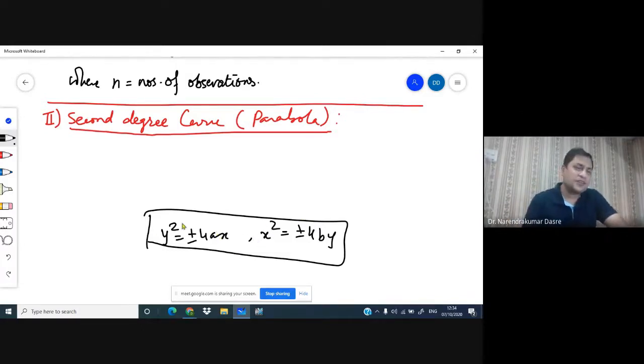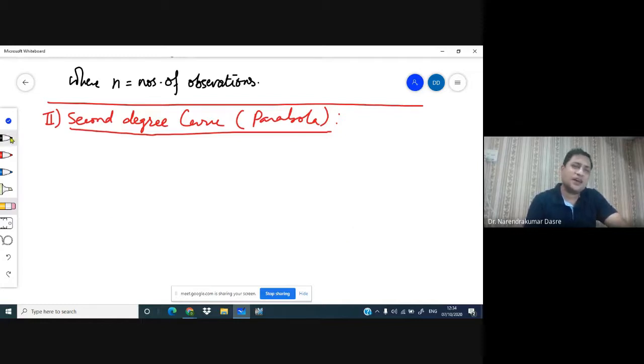These are the standard equations, so we don't have to go to the standard equations. We don't know whether we'll get the standard equations always or not, and so we have to write the general equation.